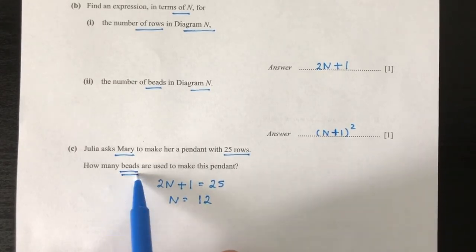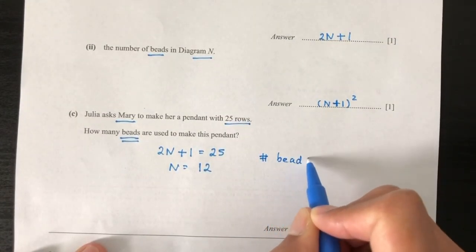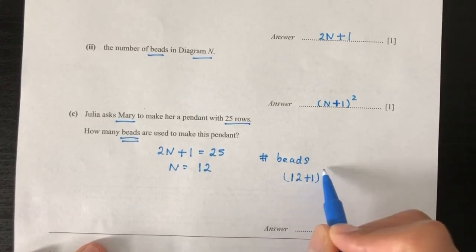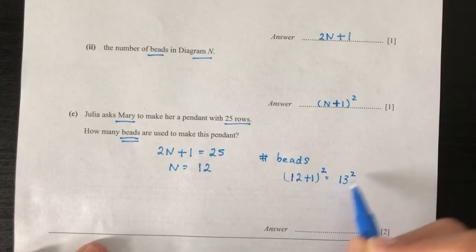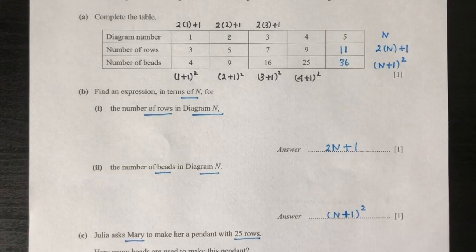So find the number of beads using your formula, n plus 1 squared. n is 12, plus 1 squared, that will be 13 squared, which is 169. And that is your question number 25.